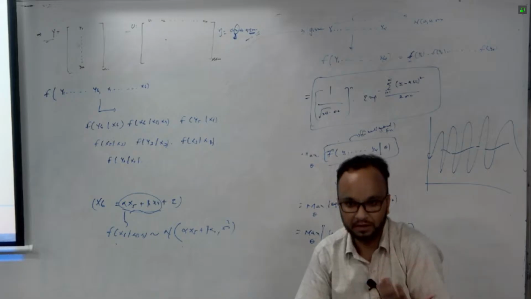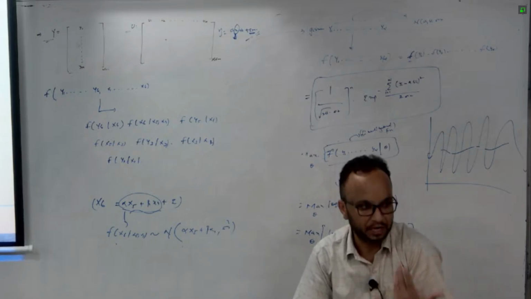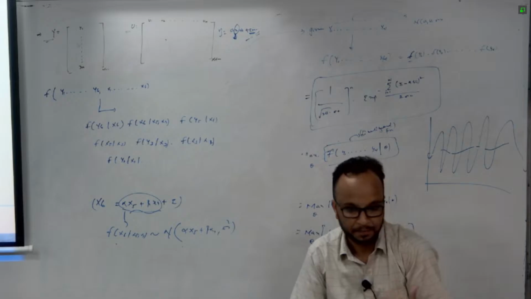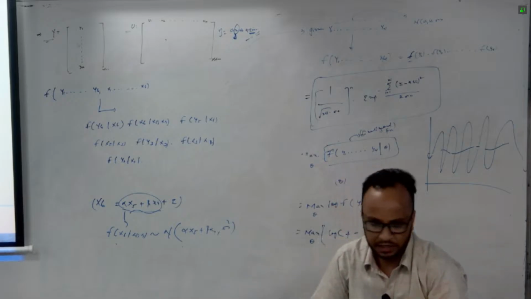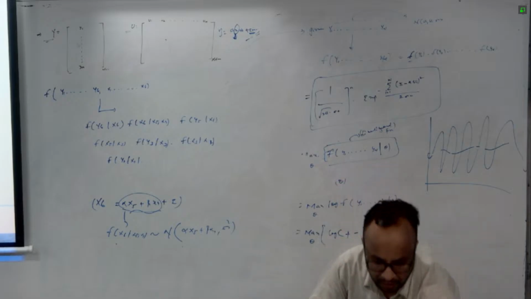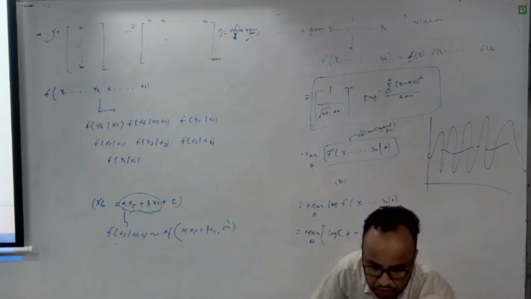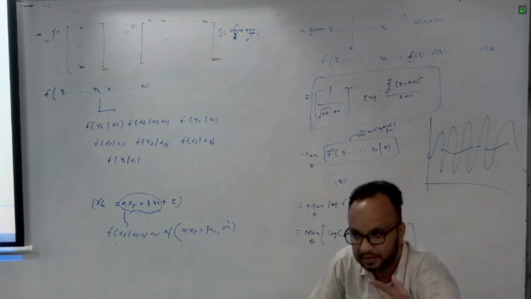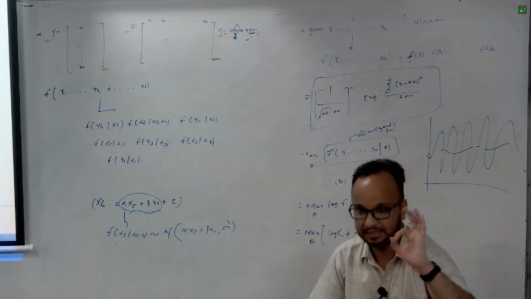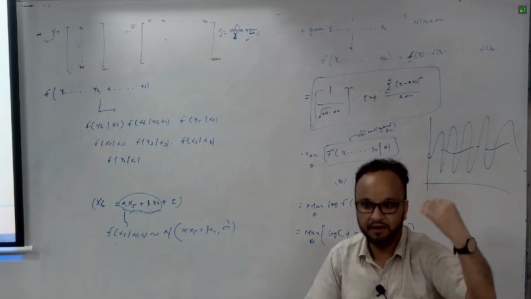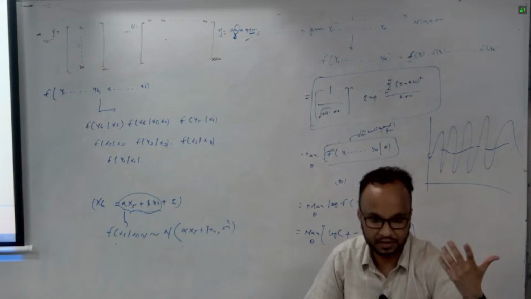I need to find the mean, so I use the posterior distribution. I use Bayes theorem to find the mean and variance. That's what I use inside the E step, where x is a random variable.